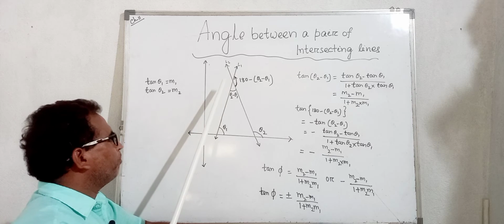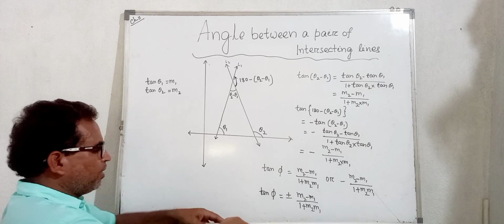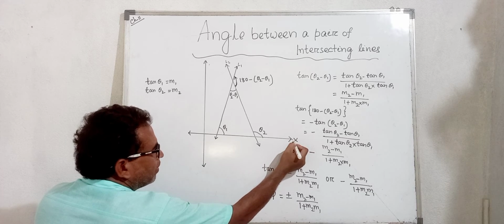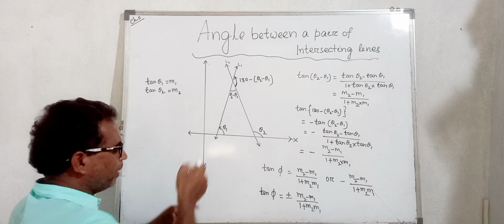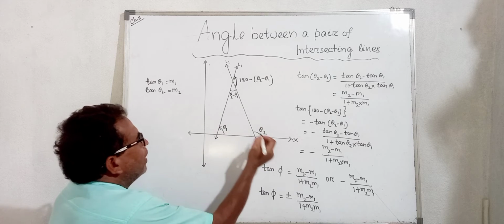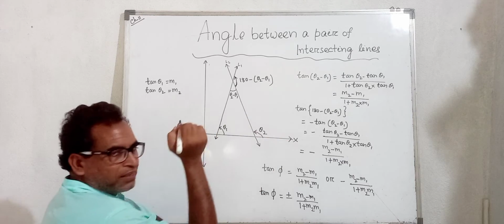L1 makes theta 1 angle with the x axis in the anti-clockwise direction, and L2 makes theta 2 angle with the x axis, let's say.